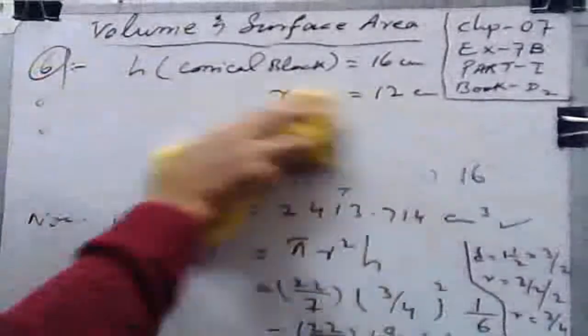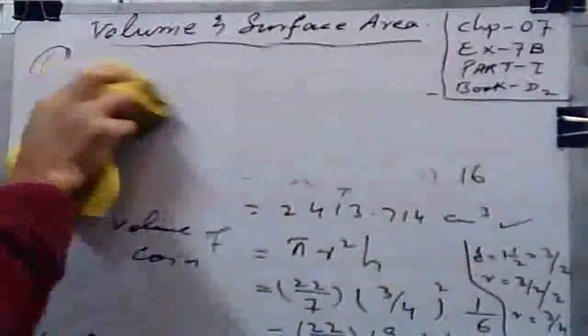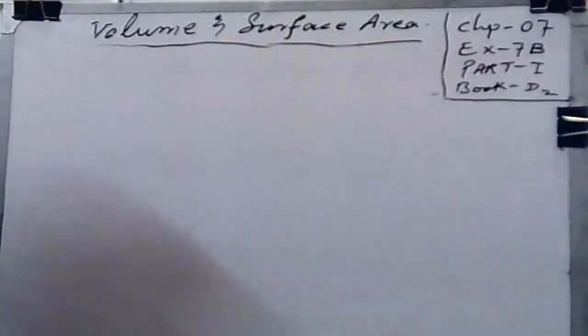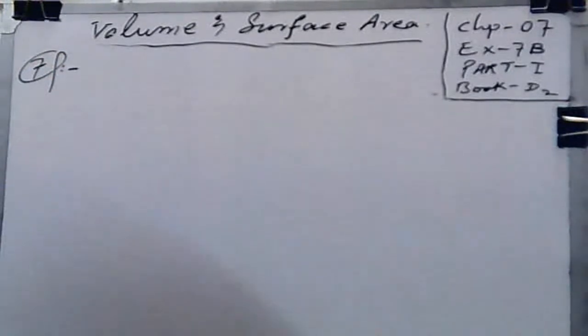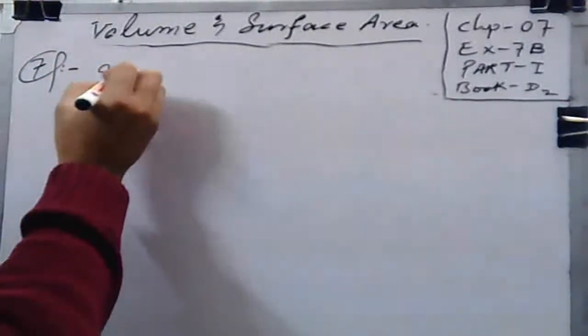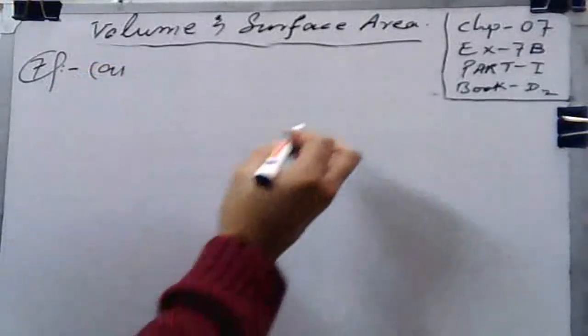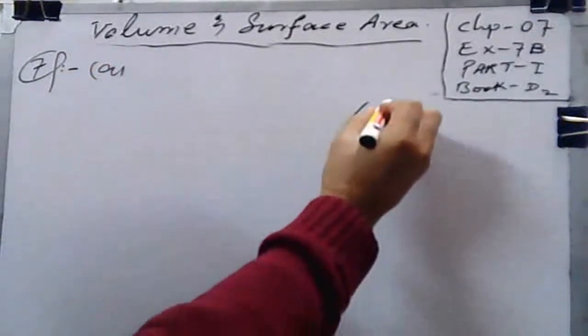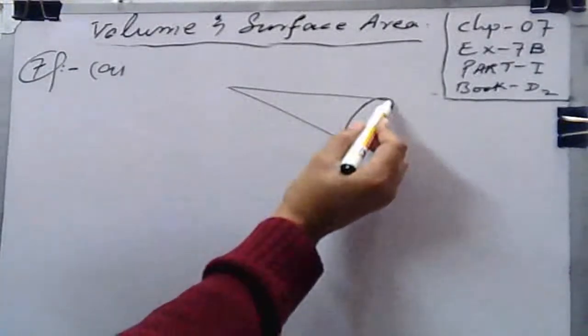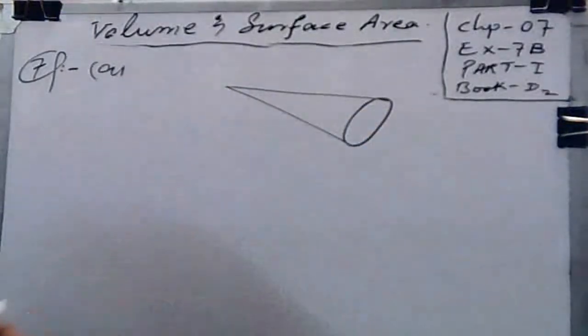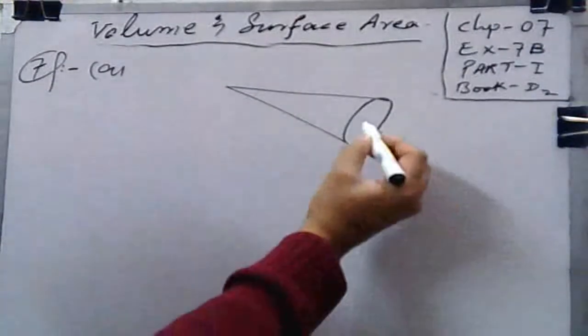Coming to the question number 7. Find the curved surface area of each of the following. We have to find the curved surface area. You can see the cone like this is given to you in A part.